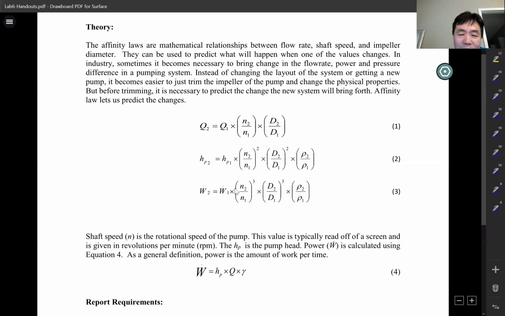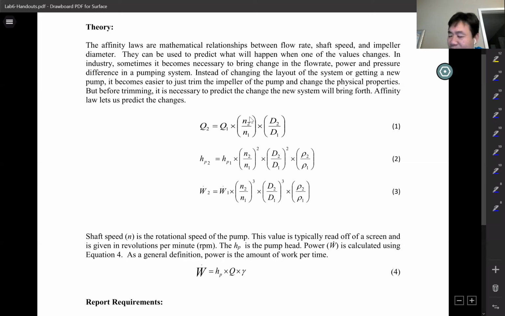So in this lab, I want you to compare the ratios. Basically these three equations: Q2 over Q1, HP2 over HP1, and W2 over W1 equal the right-hand side. This is a theoretical prediction. Without running the experiment, you should be able to know.